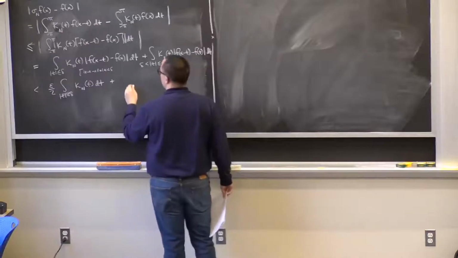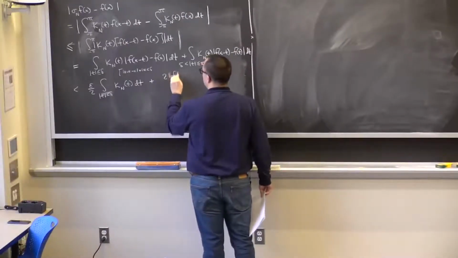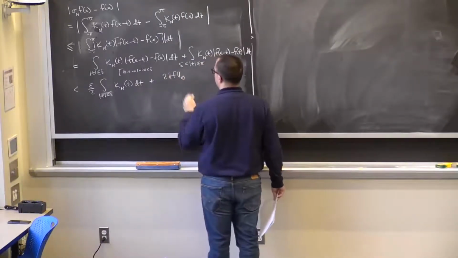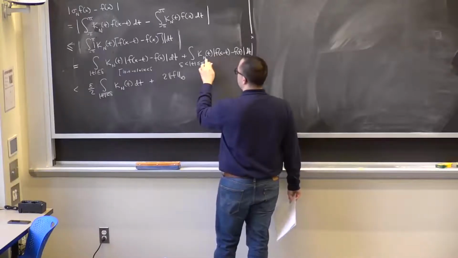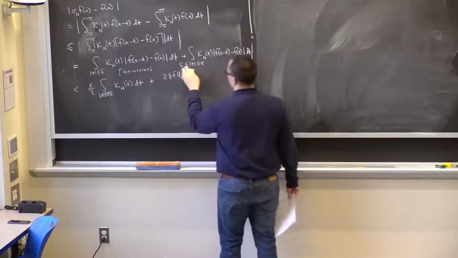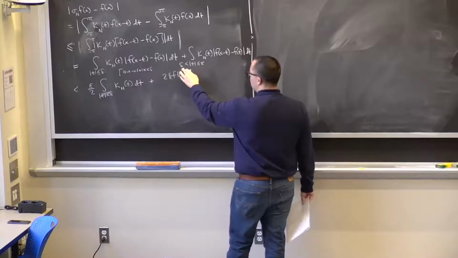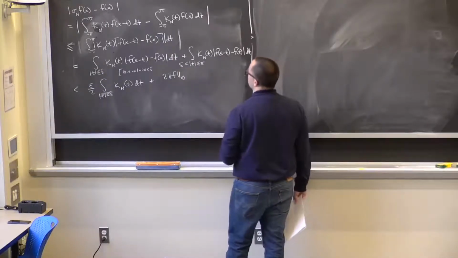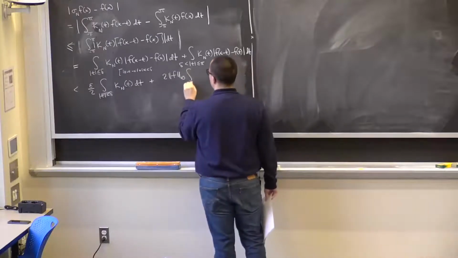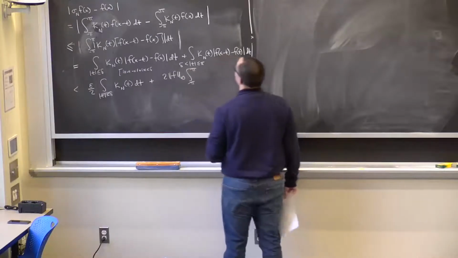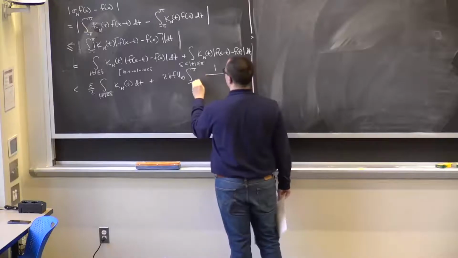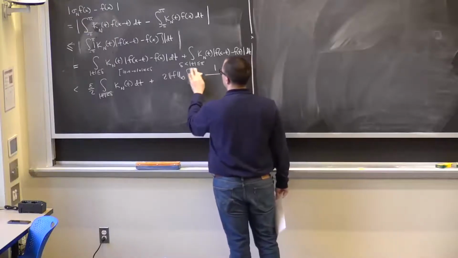So I get 2 times the infinity norm of f popping out from this term, and kn of t, I'm away from t less than delta, and this is where I use that third property that I have from before, that it's less than 1 over 2 pi. So let me leave this here.